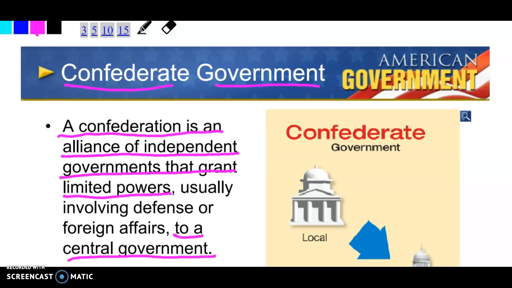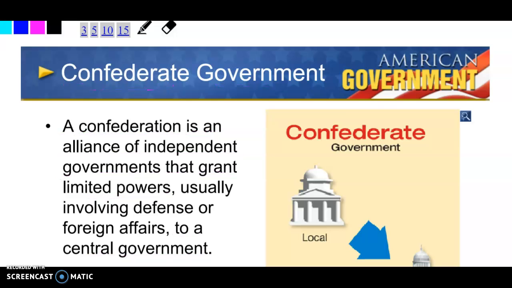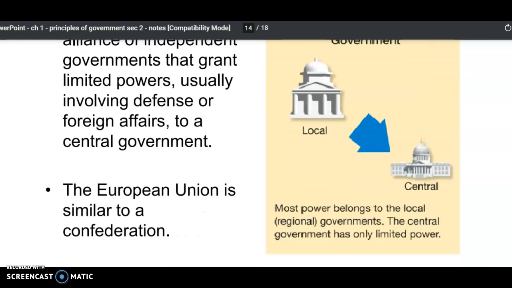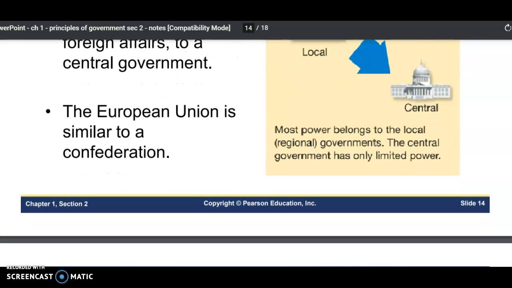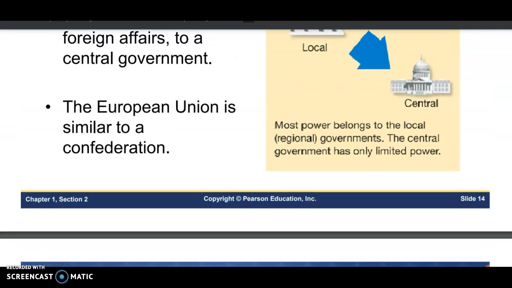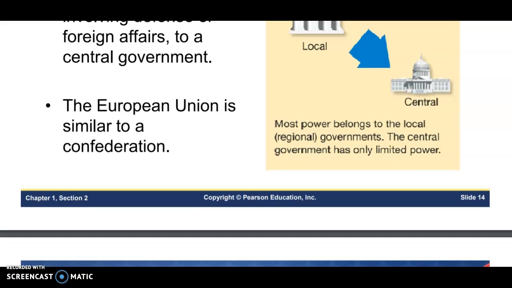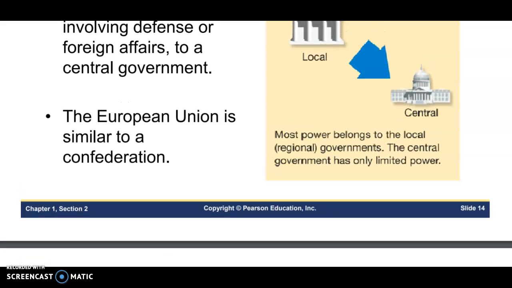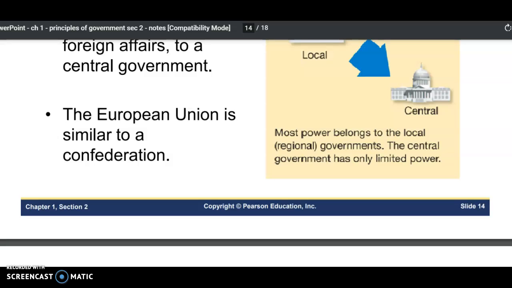So a confederation is an alliance of independent governments that grant a limited power to the central government. And an example is the European Union is similar to a confederation. Most power belongs to the local governments, and the central government has limited power.